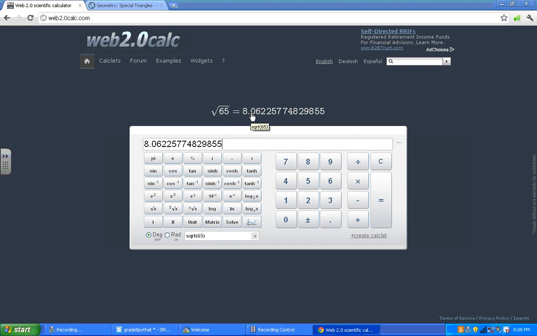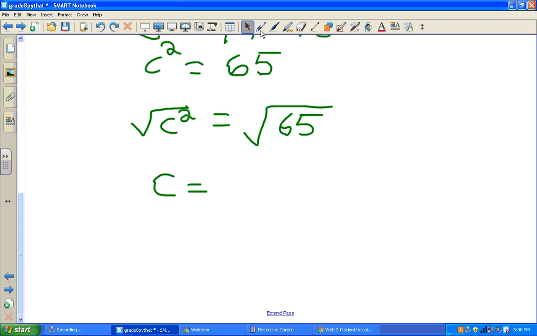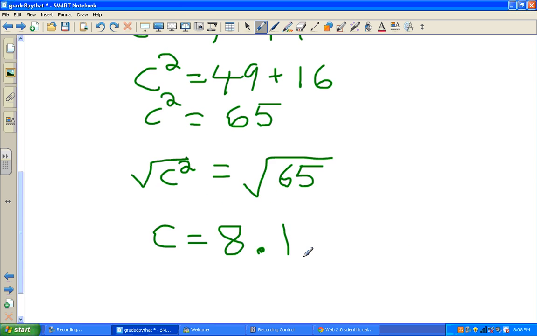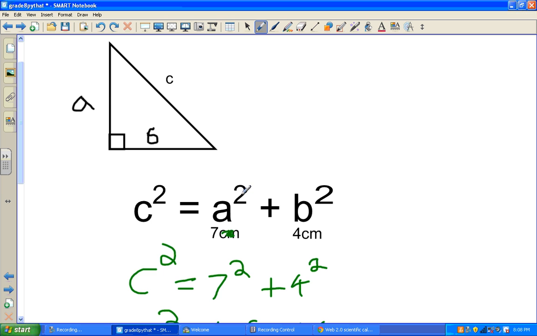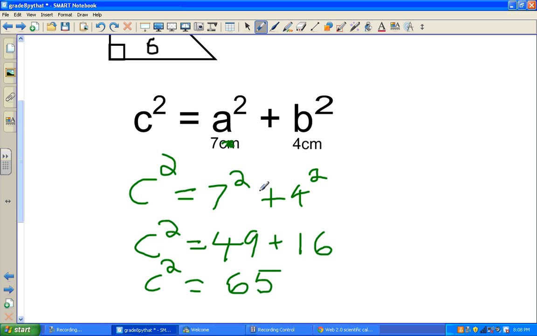I'm going to round it off to 8.1 because it doesn't work out to be perfect. So in this one, the answer is 8.1. So that's how you'd find it when you're not given the hypotenuse and you are given the other one.